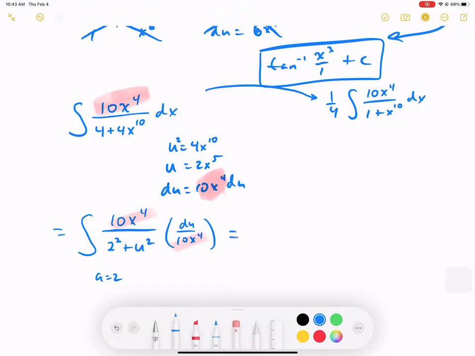So rewriting, it's du over 2 squared plus u squared. We have a straight identity for this: tan inverse of u over a, which is 2.